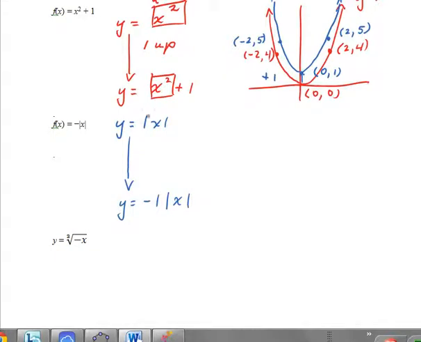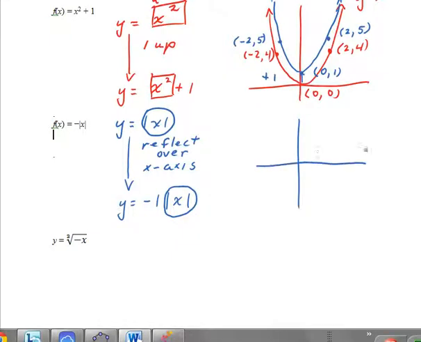So notice that the absolute value of x is intact in both. So we're going to have an effect on the y value. We're actually going to reflect the graph vertically over the x-axis. We're going to take the opposite of each of the y values.